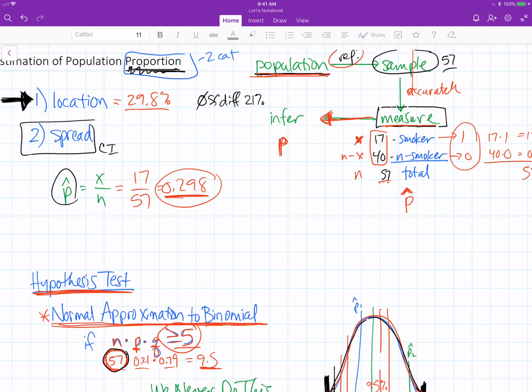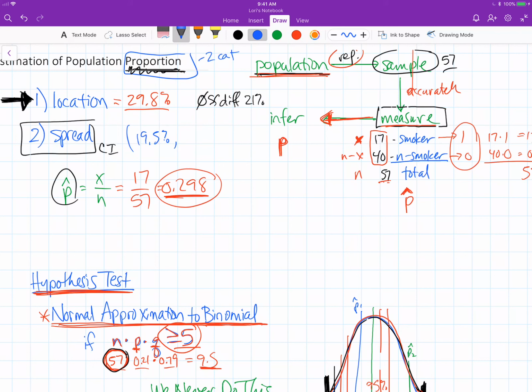So here we have our 95% confidence interval, and that is anywhere between 19.5% and 42.8%. We calculated a point estimate here, and this gives us a range of values based on this normal approximation of the binomial and the +4 test.